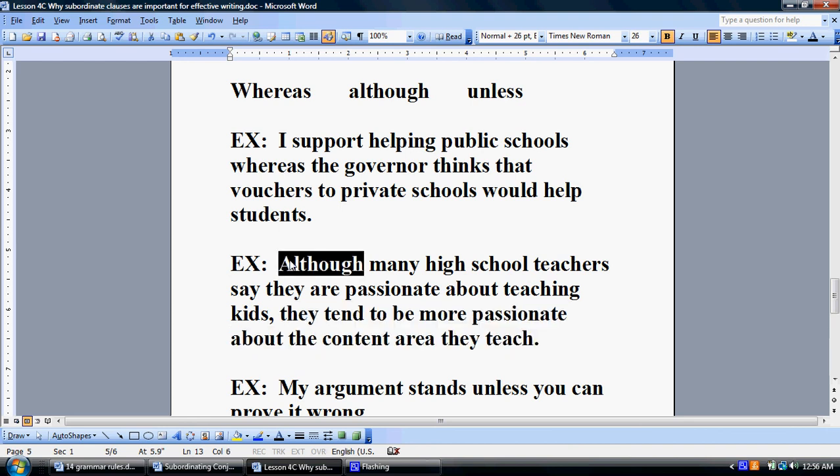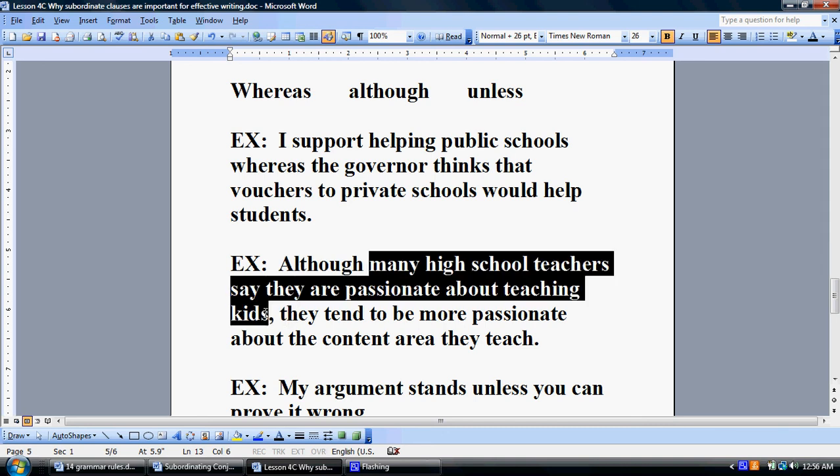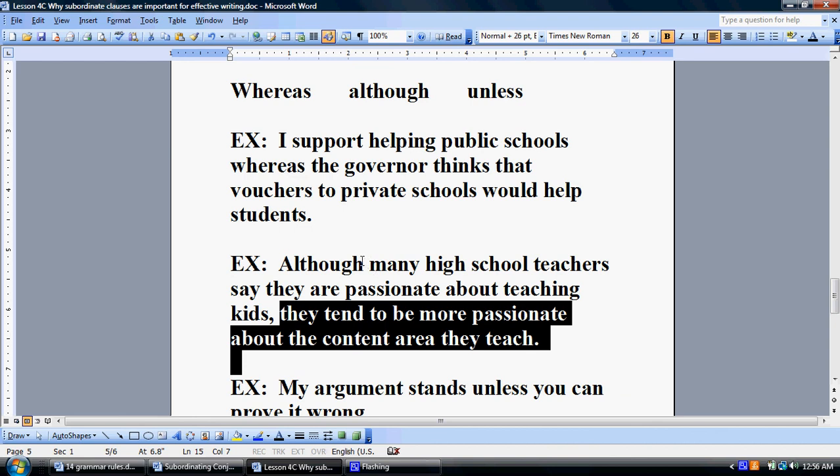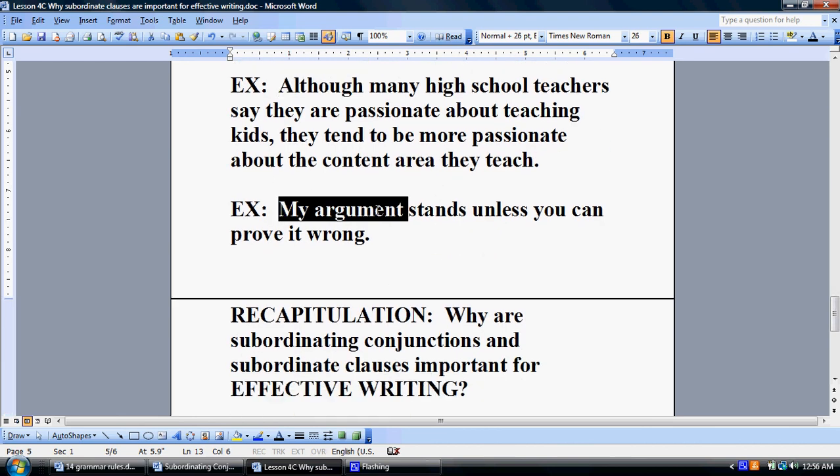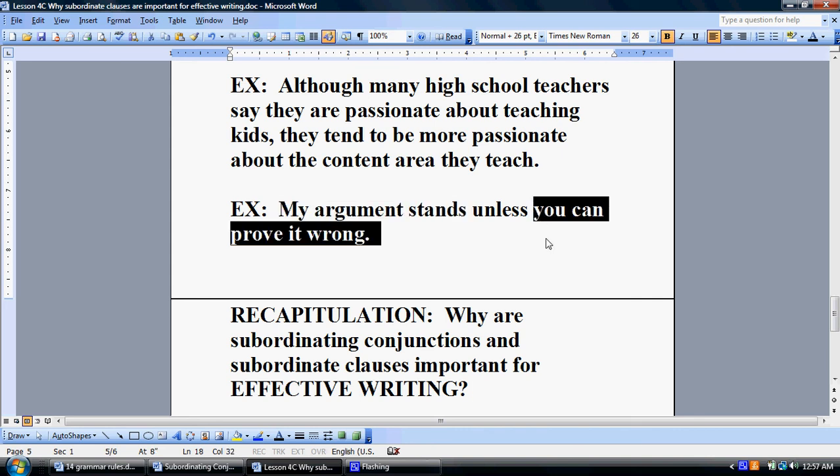And what we have is the although as a subordinating conjunction, and this contrasts with that because of that word, although. My argument stands unless you can prove it wrong. Once again, the unless is a comparing and contrasting subordinating conjunction. Here's this, and then here is its opposite, or its adversary.